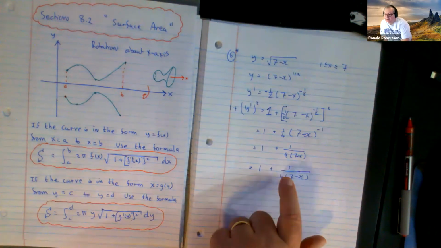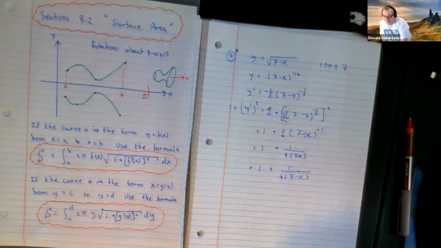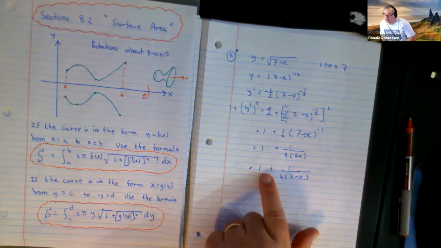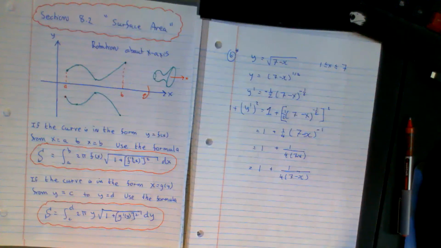This is still ugly. What could you do with a 1 plus a fraction that might make it a little bit nicer? Replace the 1 with a fancy one. The 4 parentheses 7 minus x over 4 parentheses 7 minus x.